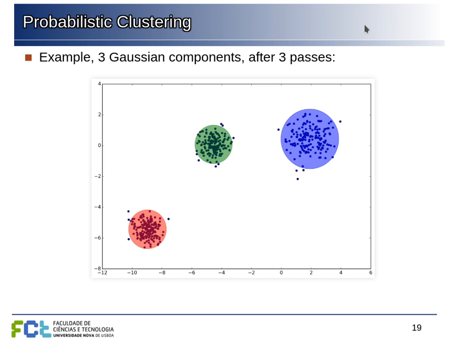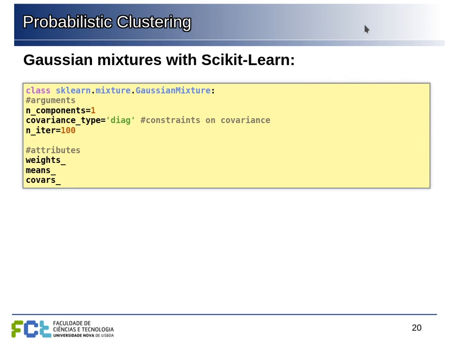If you want to use this in scikit-learn, it's very easy, because we have this Gaussian mixture class in scikit-learn. You can set the number of components. By default it's 1, but you can set the number of clusters that you want. There are different options for the covariance type, because you can set constraints on the covariance to limit the number of free parameters that you have. For example, a spherical covariance has the same variance in all the directions.